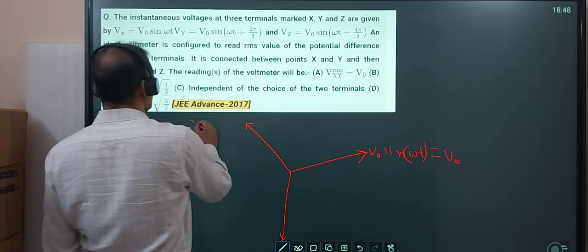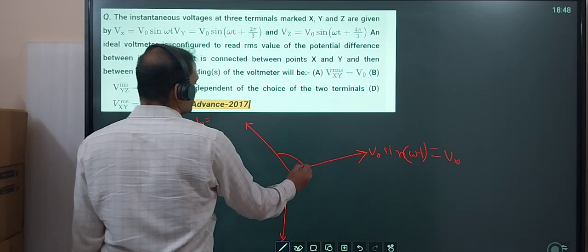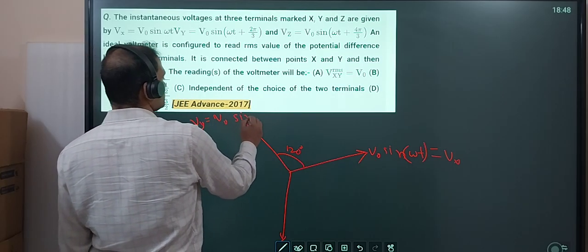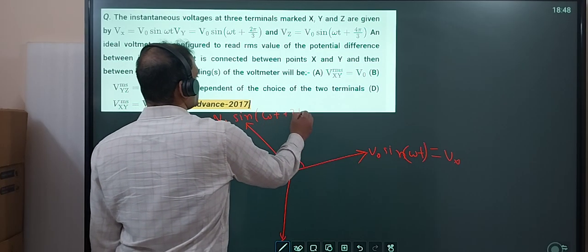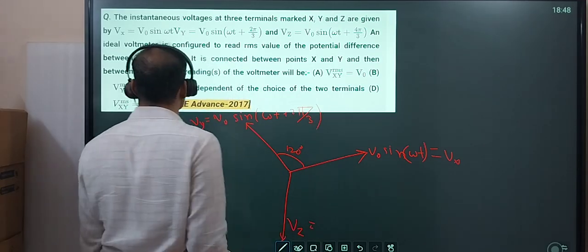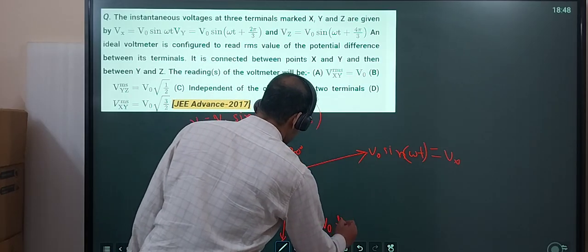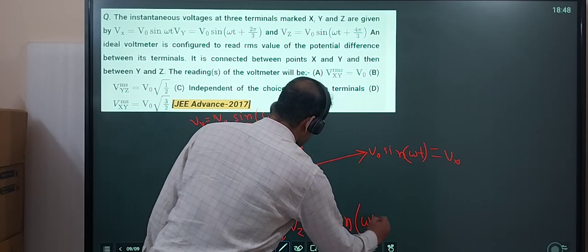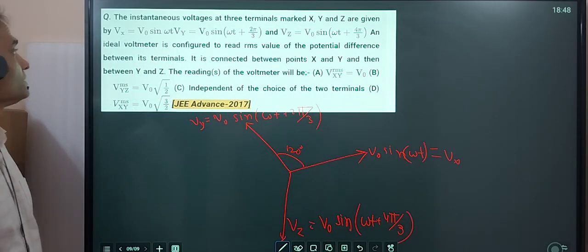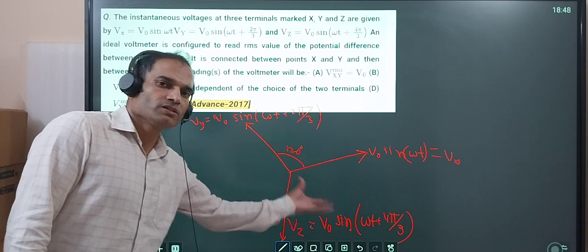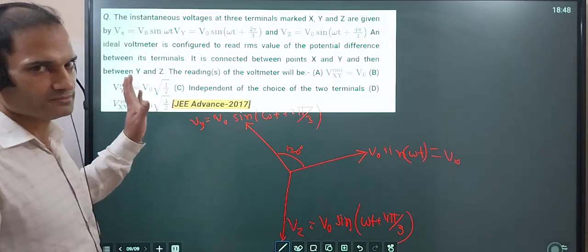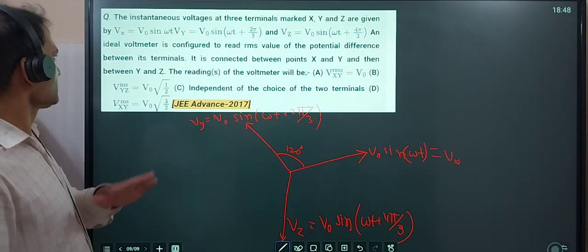Okay, and Vy is 120 degree ahead, that means V naught sine omega t plus 2 pi by 3, and this is Vz, V naught sine omega t plus 4 pi by 3. So phasor sum of all three voltages will be 0. This part we discussed in some class, but that is not the question.